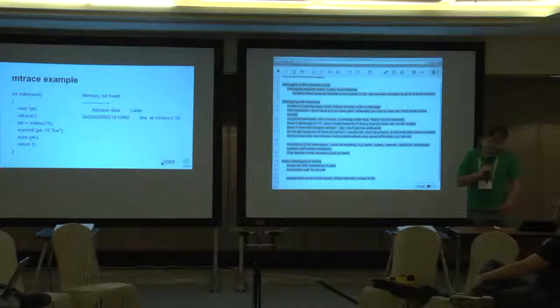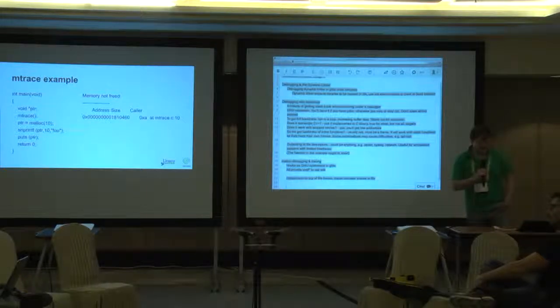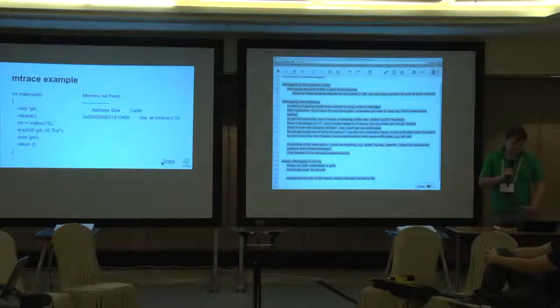And then what you will get from the mtrace report is this function here, which I haven't actually managed to get to output symbol names. So it tells you the line number, but it doesn't actually seem to tell you that you're in main, which is a bit sad.